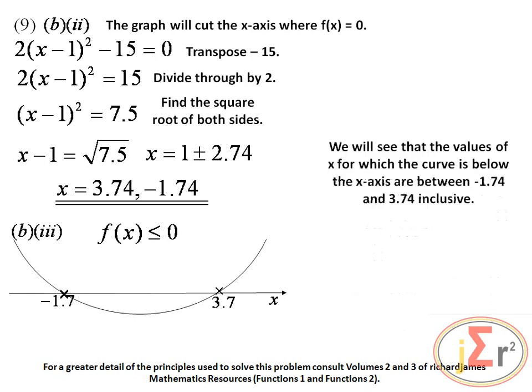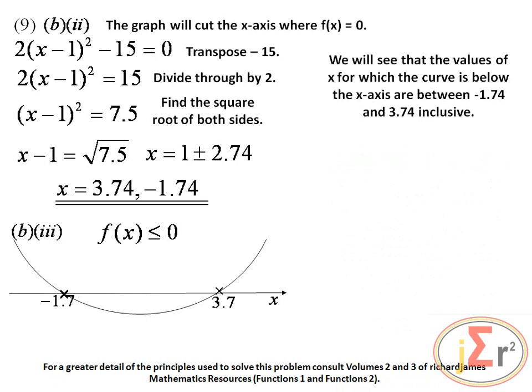So what do we see? The values of x for which the curve is below the x-axis are between negative 1.74 and 3.74. As we go below the axis where f of x is less than 0, notice that the points are going together in this region.